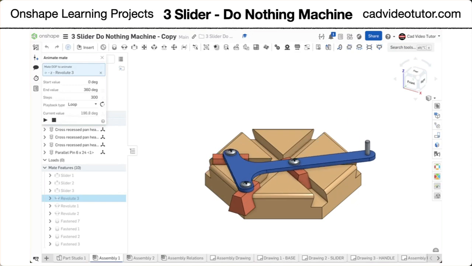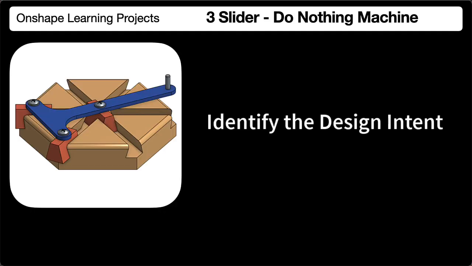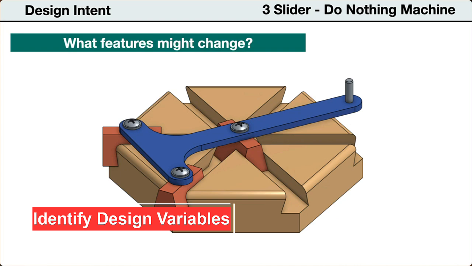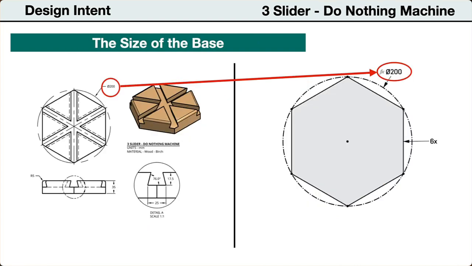Now you are ready to begin the project. Before we model the device in Onshape, we have to establish our design intent. For this 3-slider do-nothing machine, we have identified 3 specifications that we may want to change during the design process. First, the size of the base. In the drawing, the base is a hexagon, measuring 200 millimeters across opposite corners.